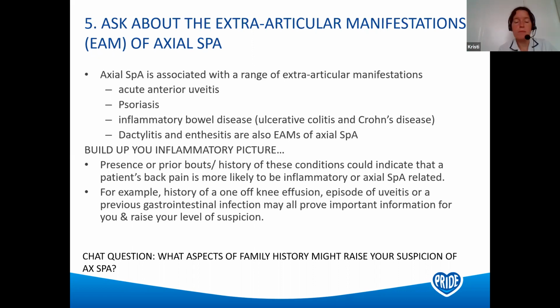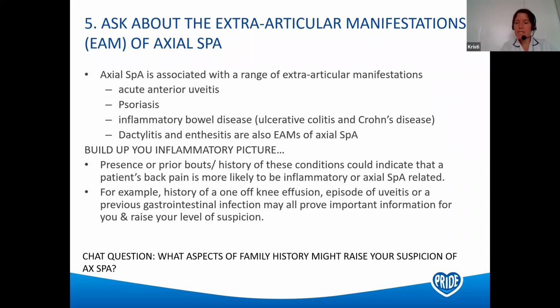Swollen fingers may or may not be persistent generally, but if their inflammation is not well managed, then the swollen fingers will persist, but will improve with movement. So often that's the case, depending on how bad the swelling is. So I'll carry on. For example, you get patients with a one-off knee effusion or an episode of anterior uveitis and some gastrointestinal infection. They might be really useful questions to ask when you're looking at this back pain patient.